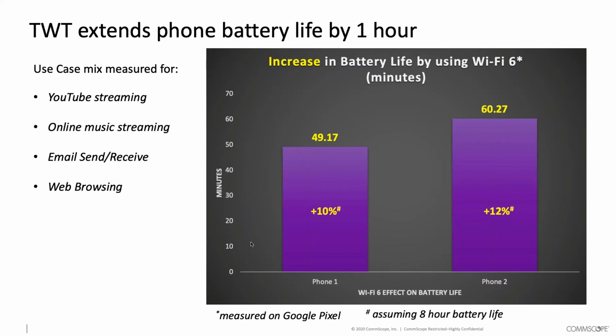So assuming an 8-hour battery life on the phone when it was constantly sending data, we saw a 1 hour increase, which is very, very substantial. If you can get a 10 to 12% increase just by changing to the latest Wi-Fi generation, that is pretty amazing, and that'll get better over time, I would imagine.